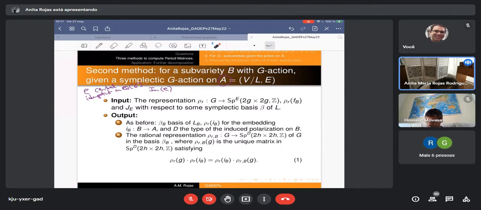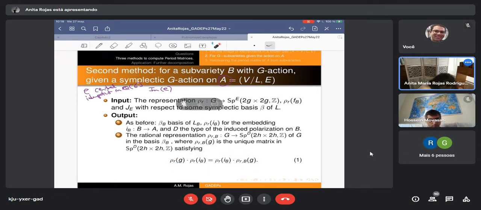So the output is, well, as before, you have the rational representation for the inclusion. You have the induced polarization in the subvariety, and then you can compute the restricted action to that subvariety. Okay, with that, C is the unique matrix solving this linear equation.